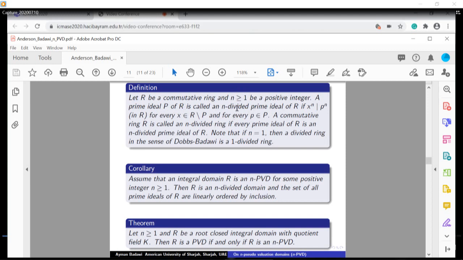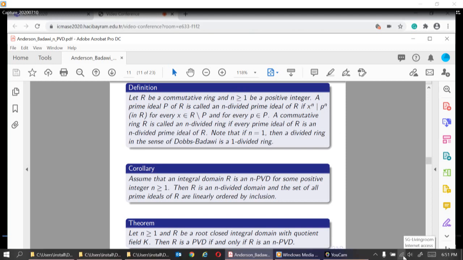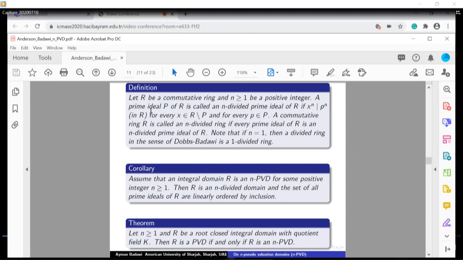Then a prime ideal, we call it n-divided prime ideal if x to the n is a factor of p to the n in R for every x outside the prime ideal and for every element p inside the prime ideal.